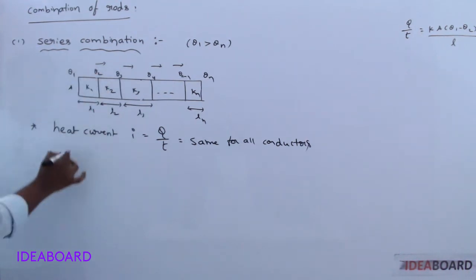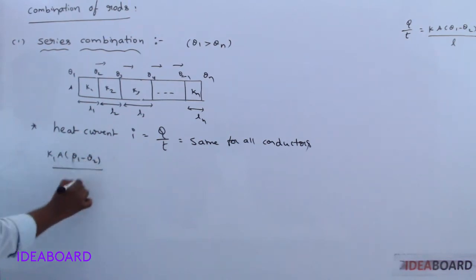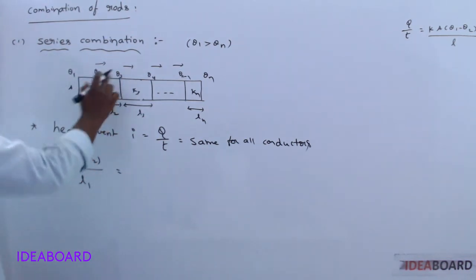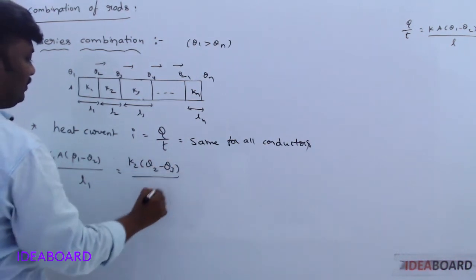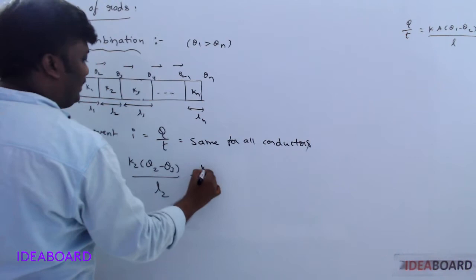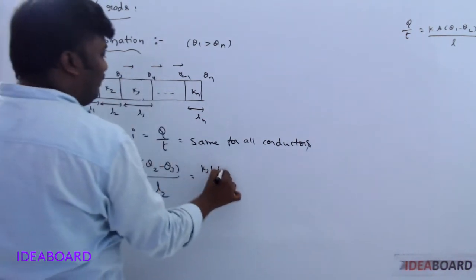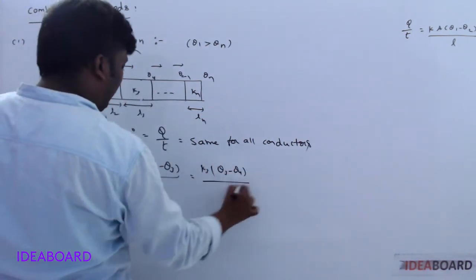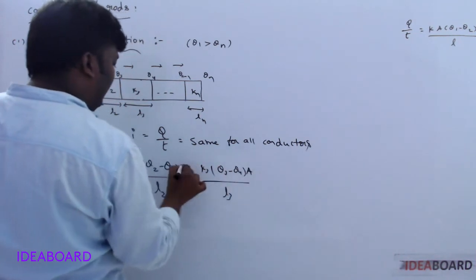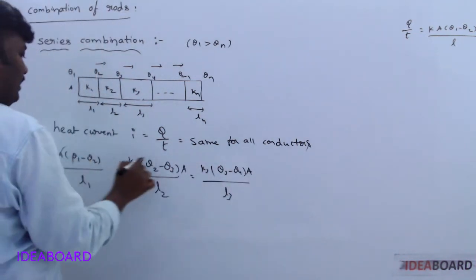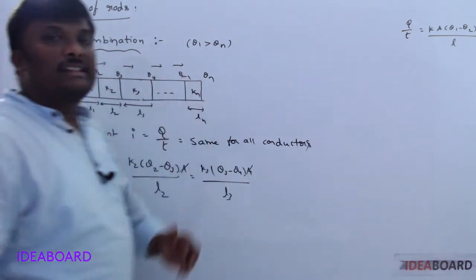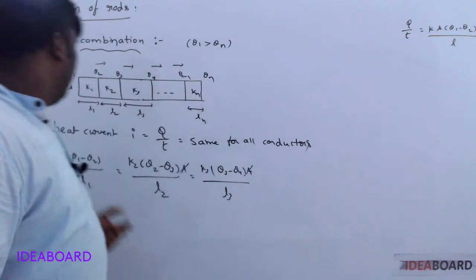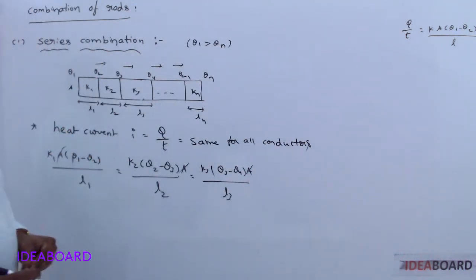Temperature difference between these two, theta 1 minus theta 2, by length L1 is equal to, for the second rod K2, theta 2 minus theta 3 by L2, K3, theta 3 minus theta 4 by L3. Everywhere A is present, but all A's are cancelled. Understand? Always keep in mind the heat current always remains constant.